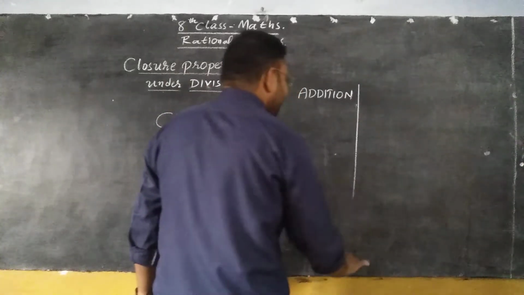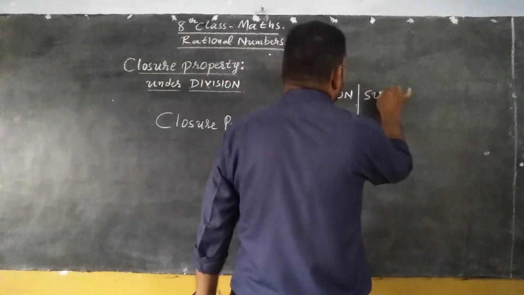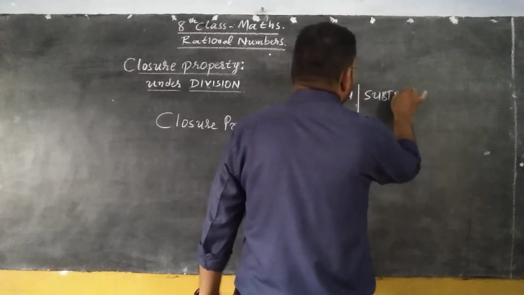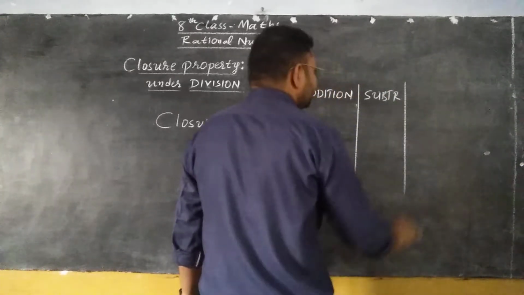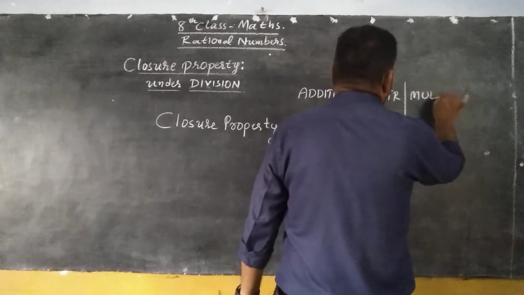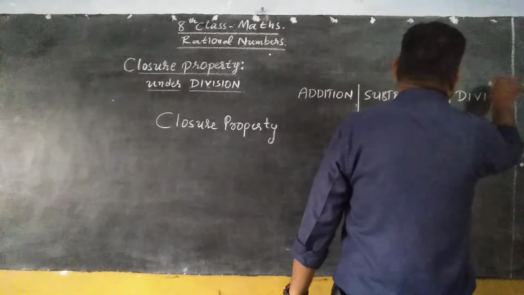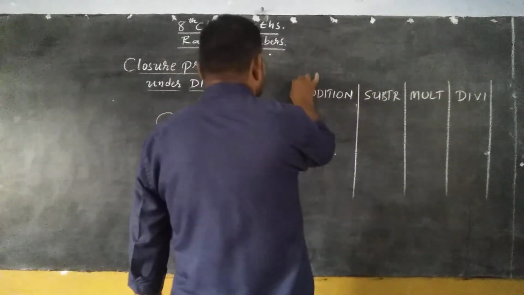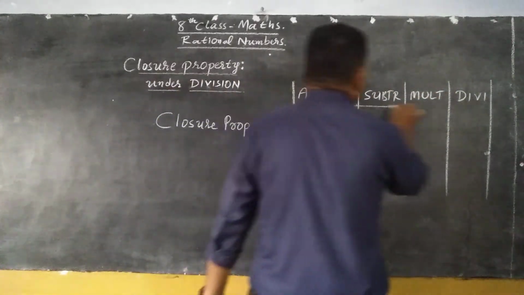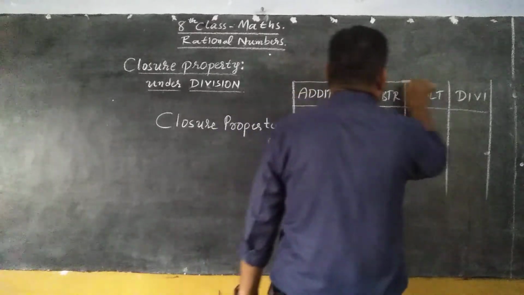The second one is subtraction. The third one is multiplication. And the fourth one is division.